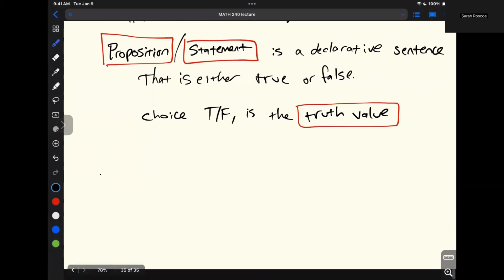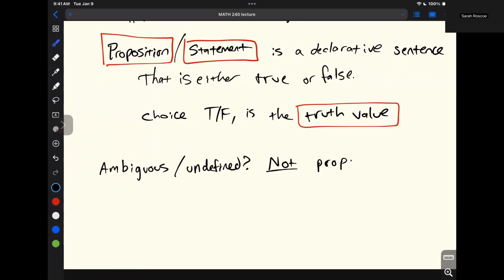If the statement is ambiguous or something is undefined, then it's not a proposition. So this textbook is the best. That is a declarative sentence, but I don't know that I can assess the truth value of that sentence.